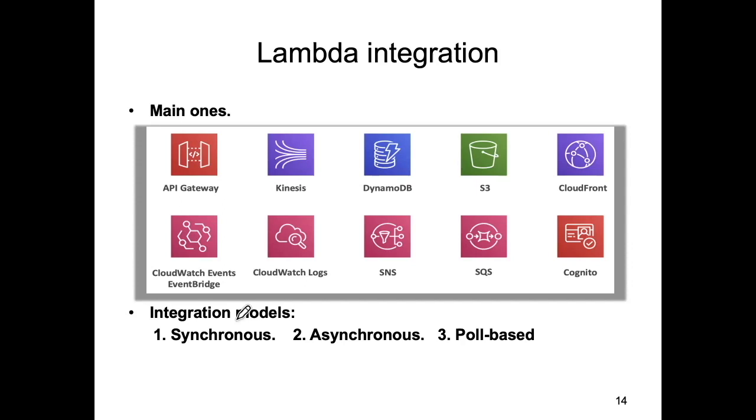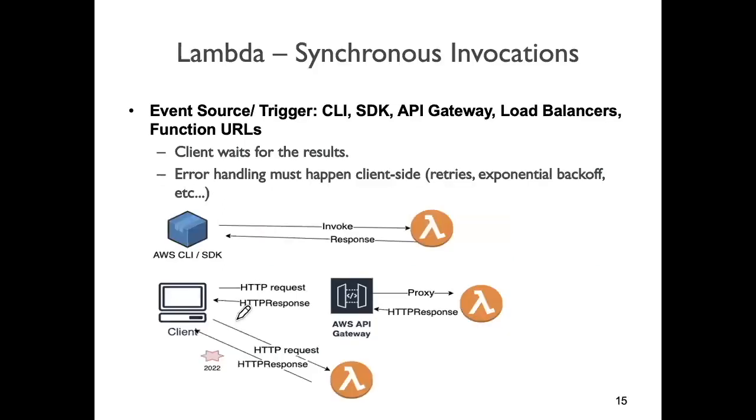We'll experience synchronous in the next week or two. And so for the synchronous, which is usually the more straightforward model, the services that follow that model are, well, if you invoke it from the CLI, which I've just done, we were invoking the Lambda function, and the CLI waited until the Lambda executed and responded back.